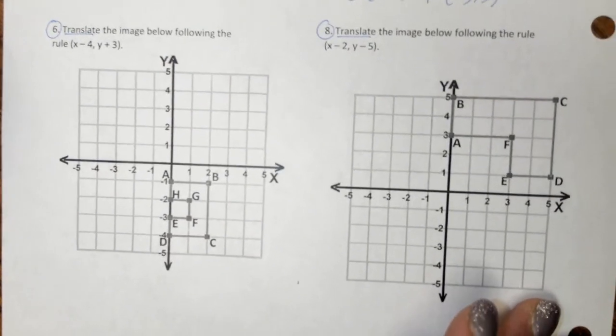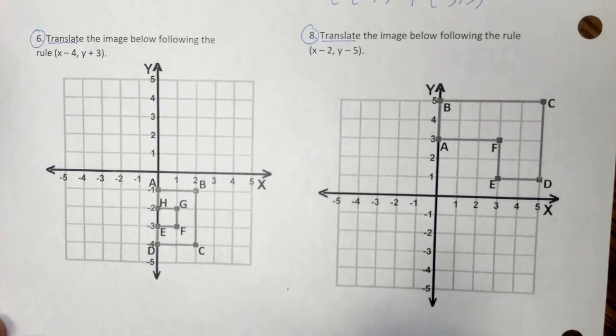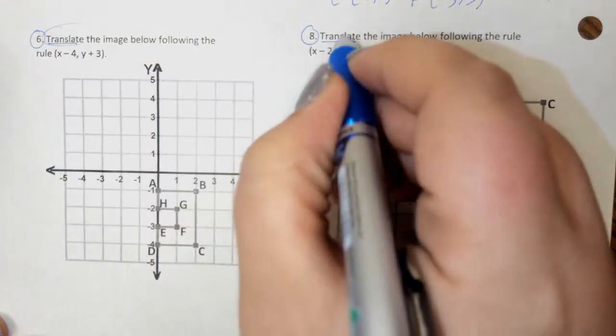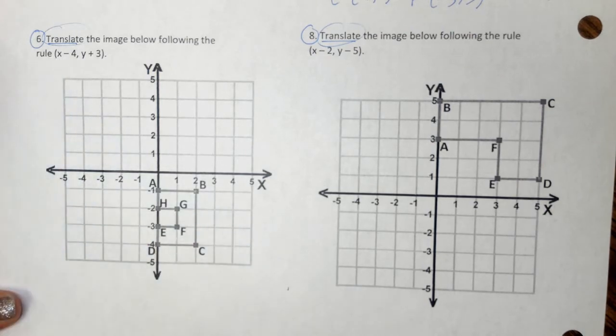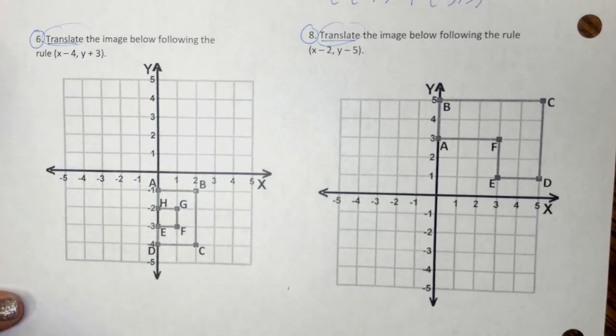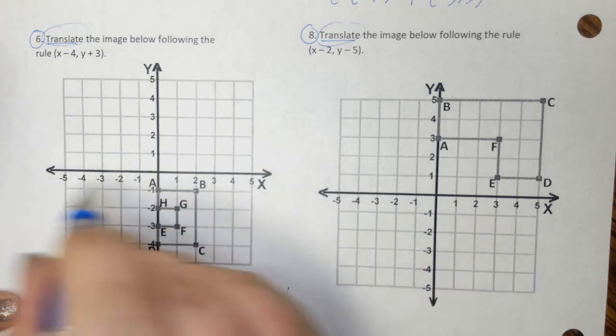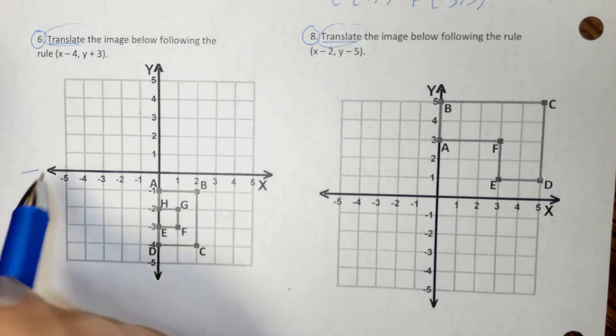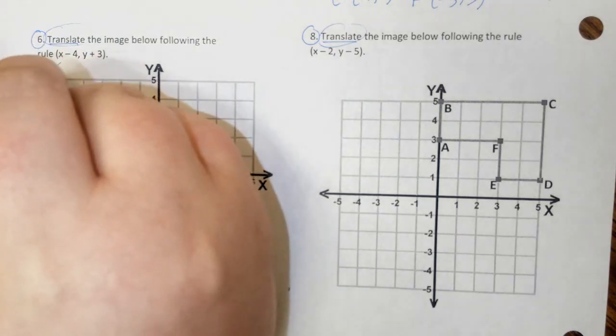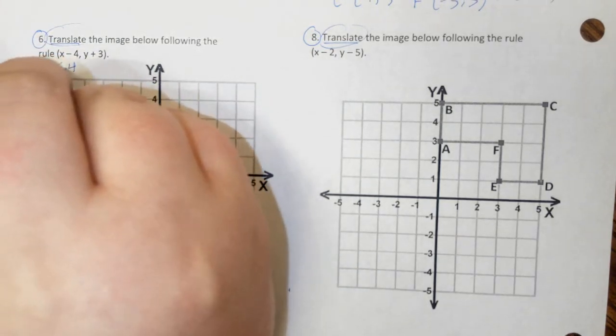Now look at 6 and 8. I want to remind you to read very carefully. 6 and 8 ask you to translate the image below. If I'm using the rule x minus 4, y plus 3, x goes left and right. And if I have x minus, then I'm going to the left. So this is going to be left 4 times.